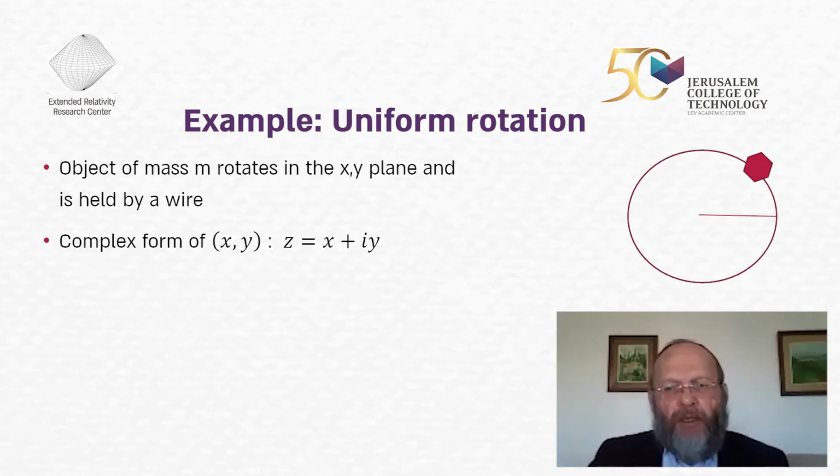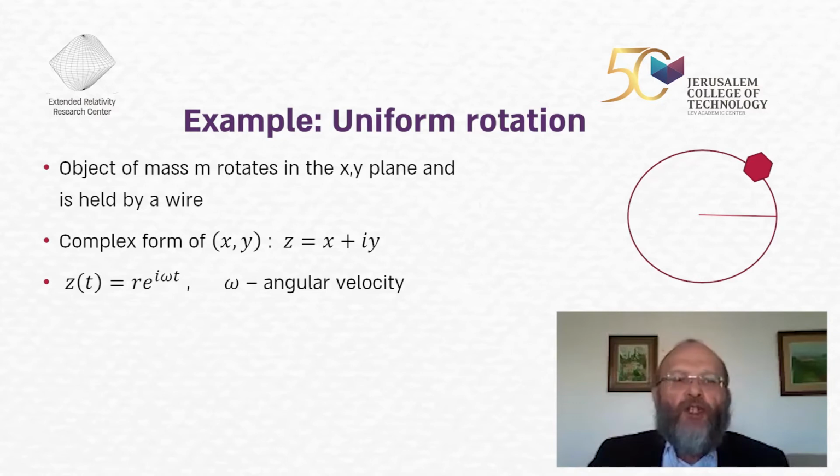You can use polar coordinates, but I prefer to work with the complex representation of the plane, because this provides additional tools for calculating derivatives and acceleration, and it makes all the calculations simple. So the point x, y in the plane will be assigned the complex number x plus i y.